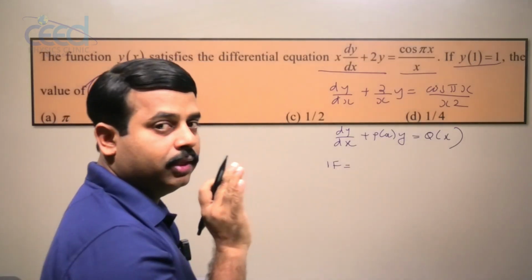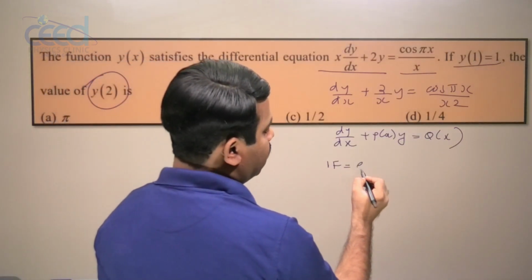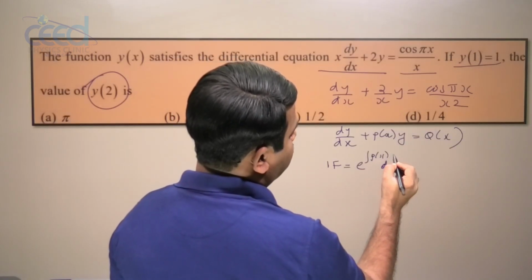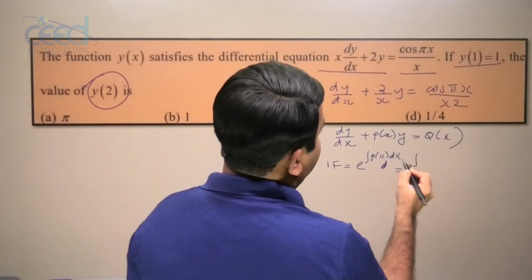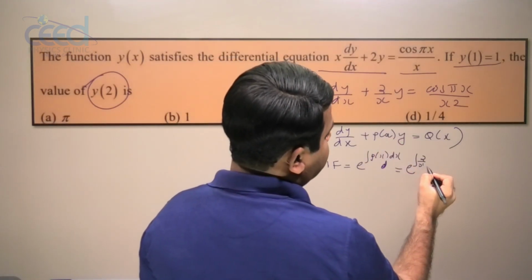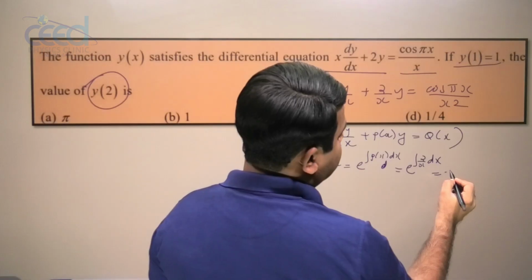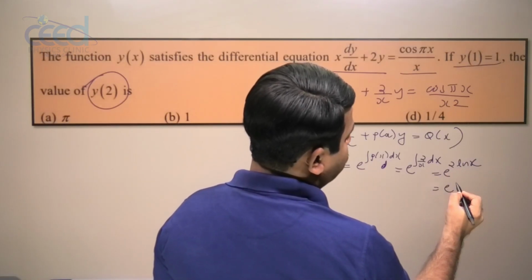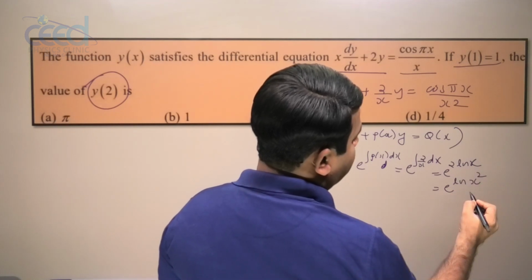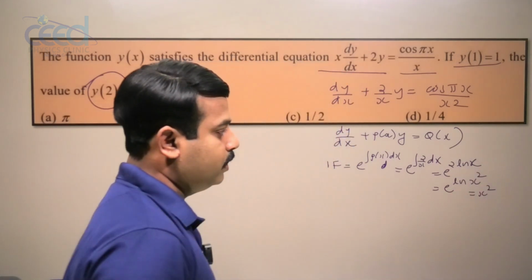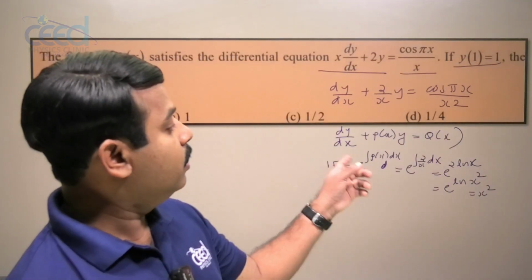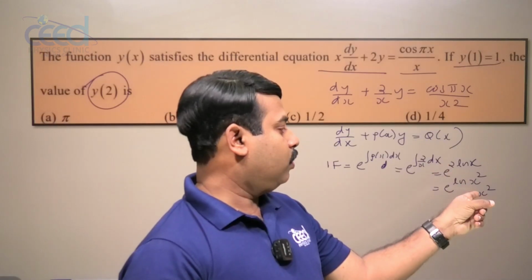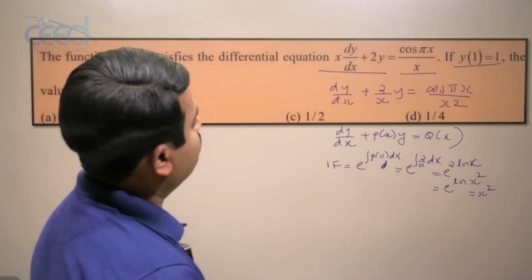First you find the integrating factor, that is e raised to integral p of x dx, right? That is e raised to integral 2 by x dx, that is e raised to 2 log x, that is e raised to log x square, that means x square. e and log cancel. So the integrating factor is x square, right?